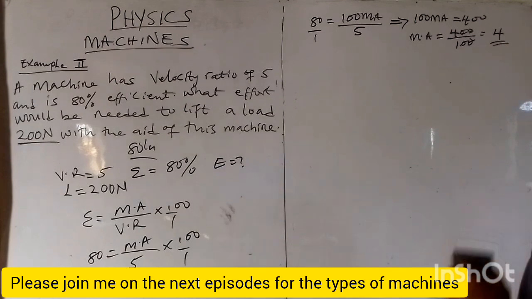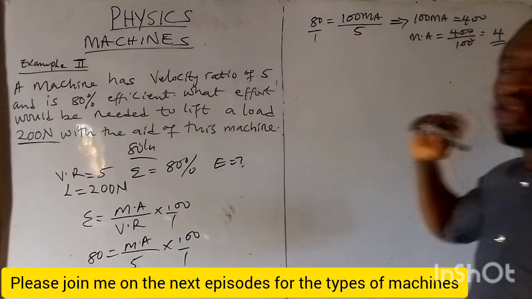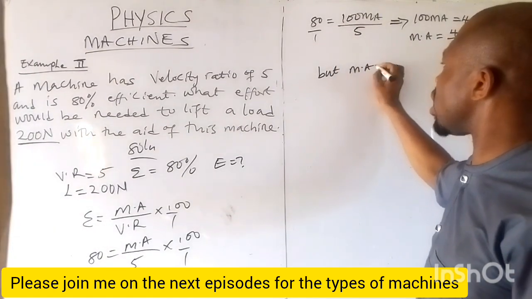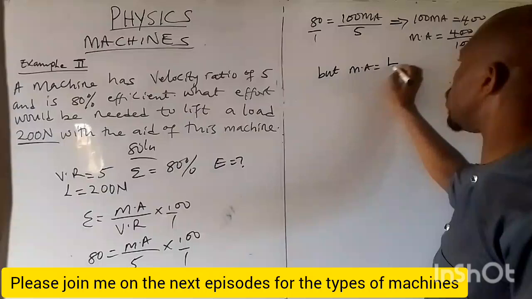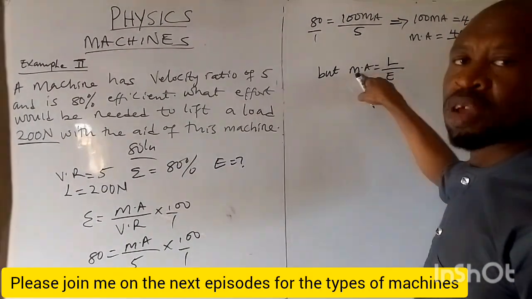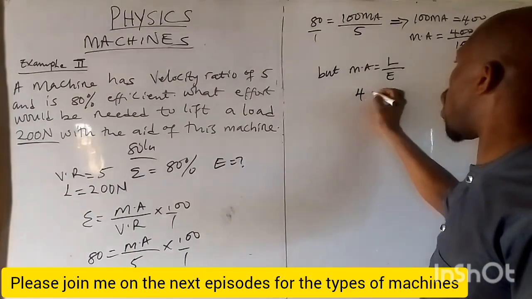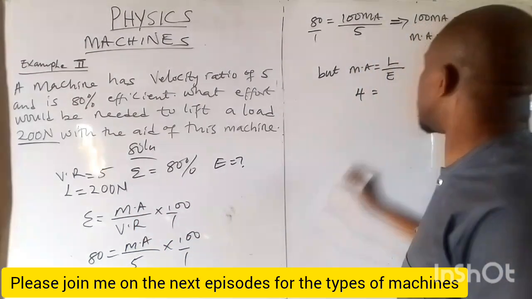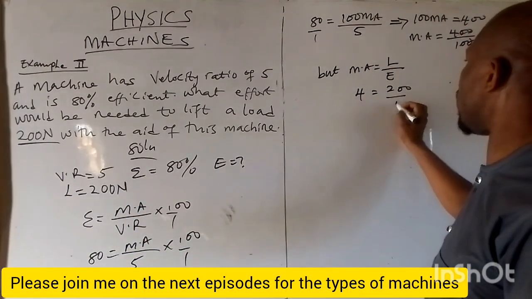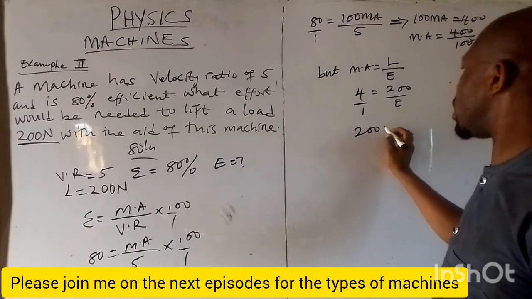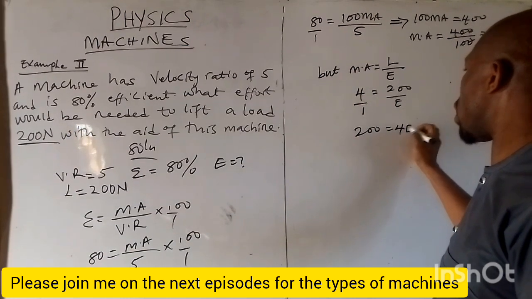No SI units. Having gotten our mechanical advantage to be 4, we say, but mechanical advantage is load all over the effort. We'll put the mechanical advantage here. 4 is equal to the load. Load is 200, 200 all over E. Cross multiply. 200 is equal to 4E.